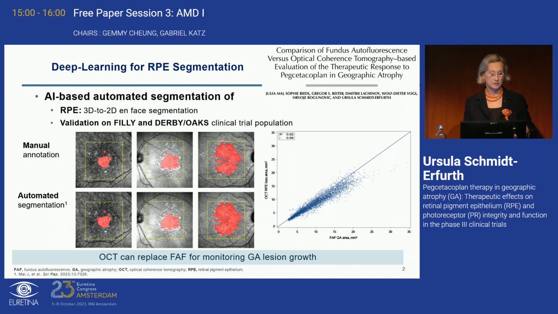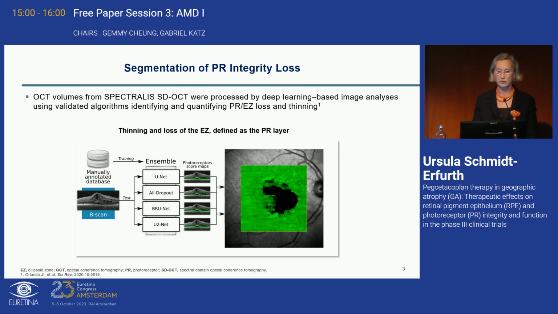That is a way that has to be taken seriously, so we perform manual annotation, large scale, to provide enough ground truth, and then we trained an automated segmentation algorithm, and then we had to take the step from FAF to OCT to show that the lesion size was really consistent. First step, so that it will be allowed for me to talk about RPE later on.